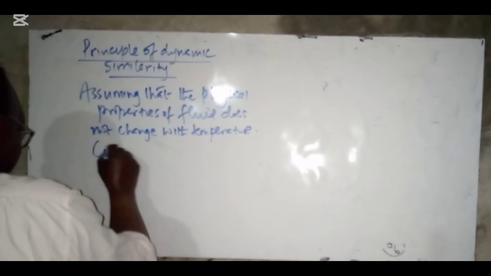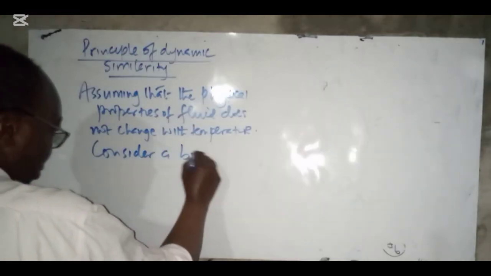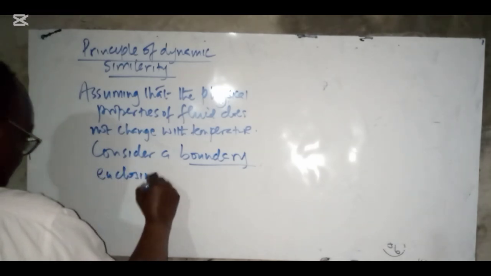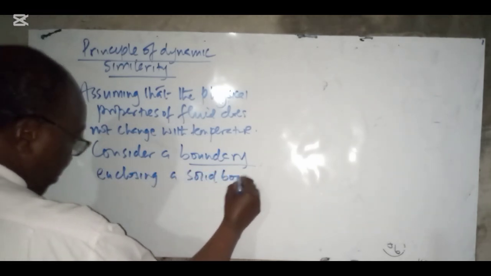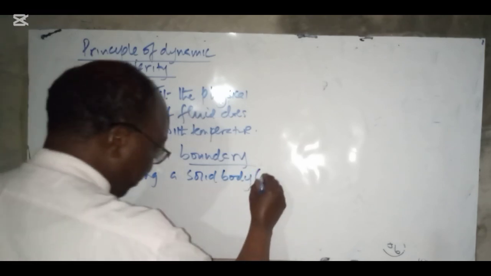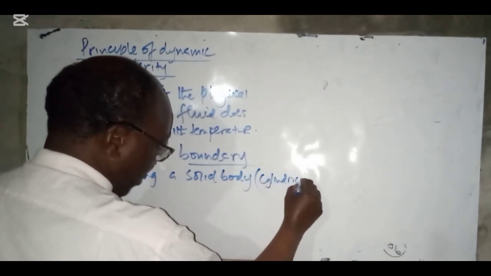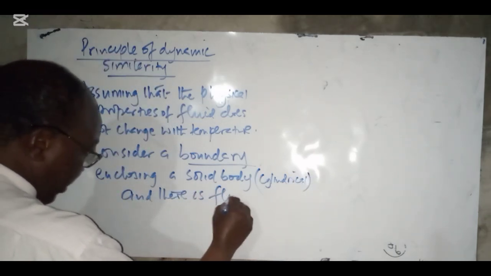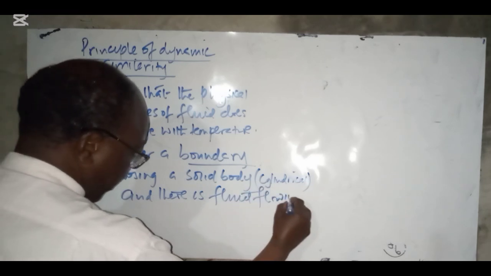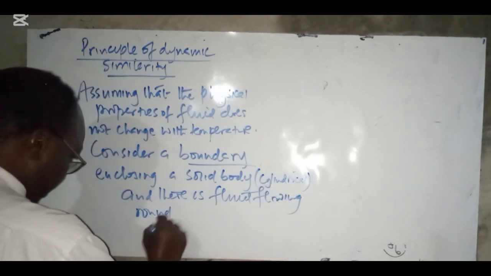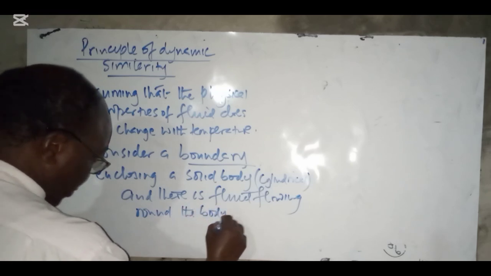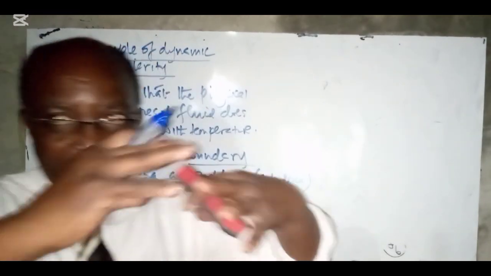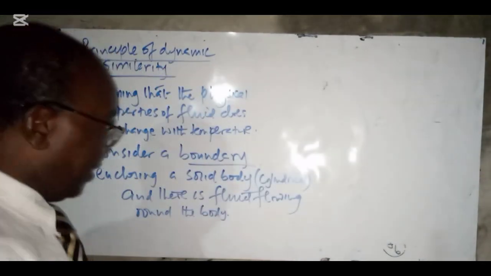So we consider a boundary enclosing a solid body, say cylindrical, with fluid flowing around the body. This fluid flowing in the vicinity of the solid body, we can consider as a field.